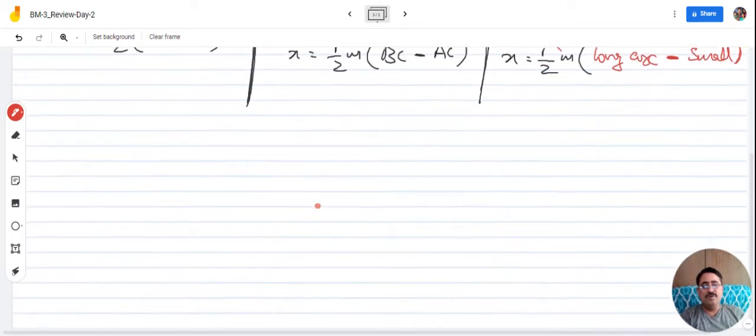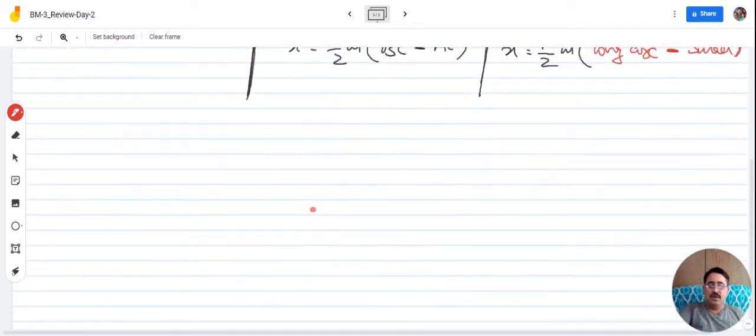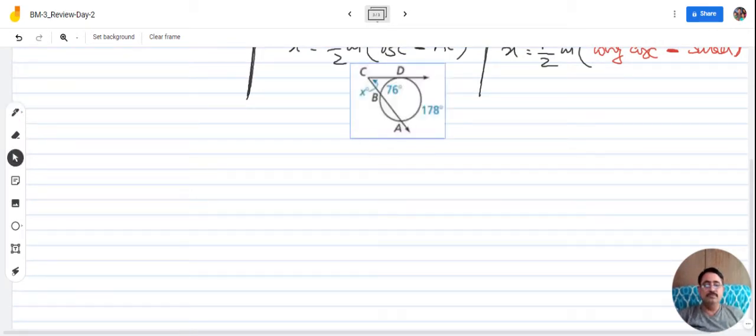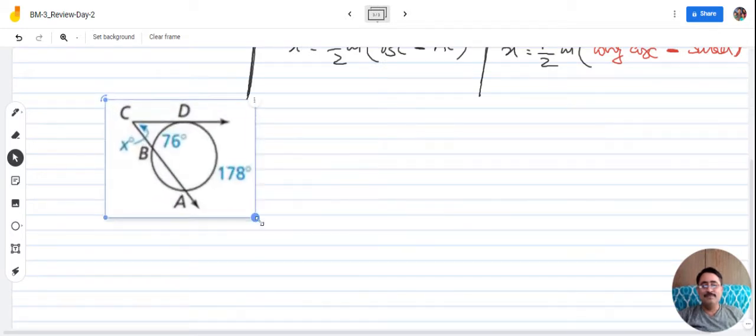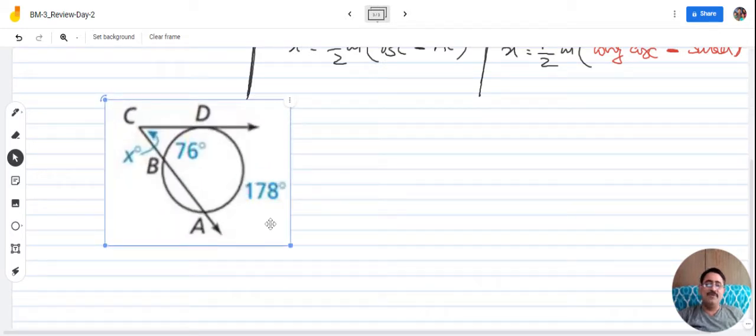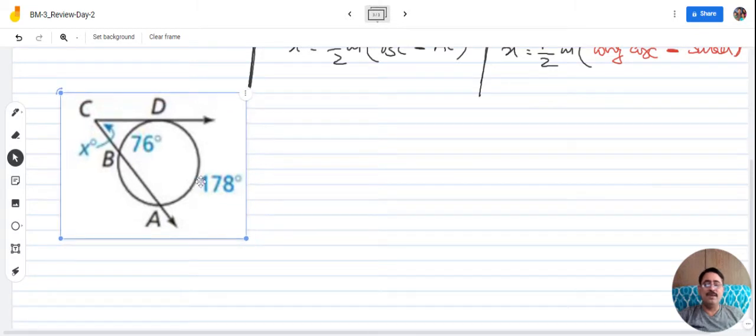Let me take a question here. Okay, the diagram is copied. Instead of remembering the rules like BC, AC, AD, it's really hard.